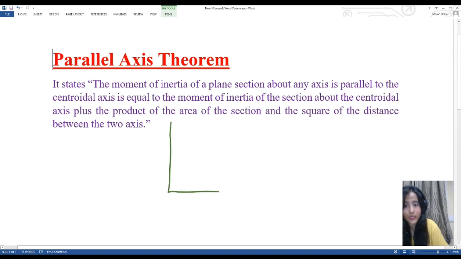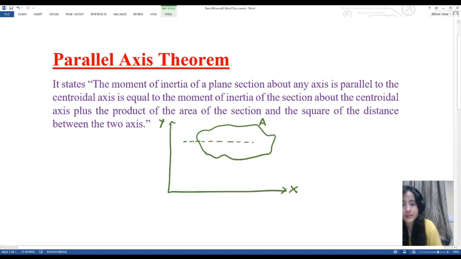Let there be a y plane and x plane. And let us consider one irregular section of area A, and let the x-axis run via its centroidal axis.